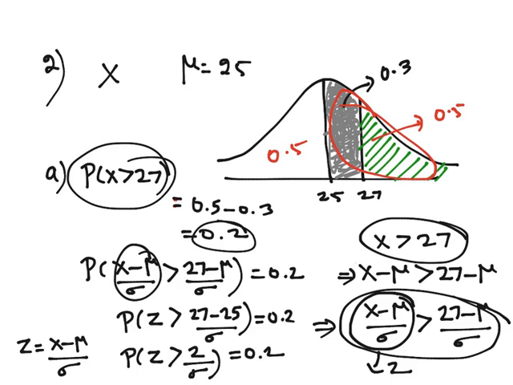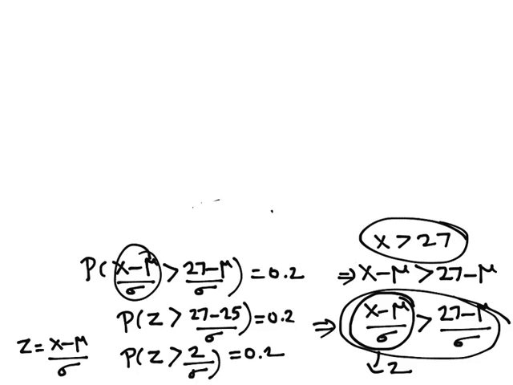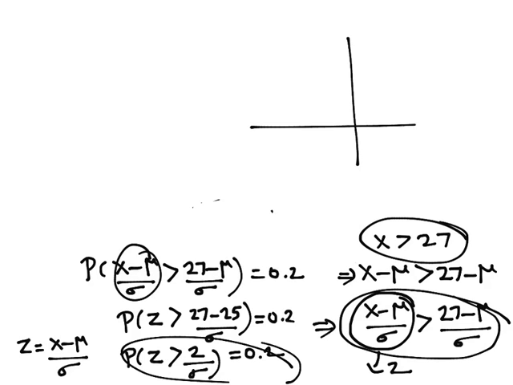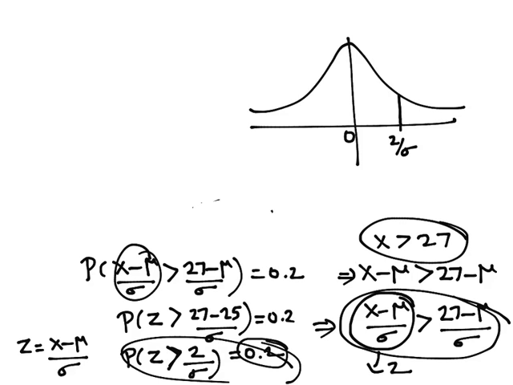How do I do it? If I want to represent this in a diagram, I'll draw the y-axis and x-axis. Since the area is less than 0.5, 2 by sigma will be here. Because it is more than 2 by sigma, this area is 0.2.